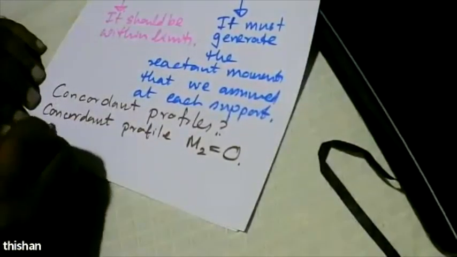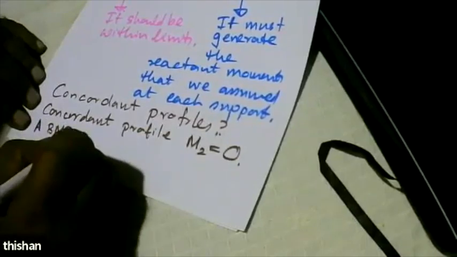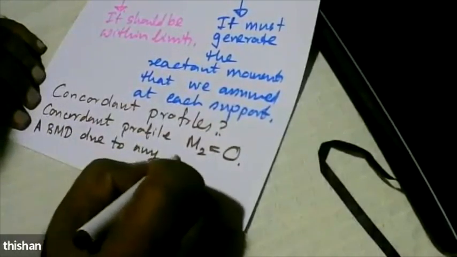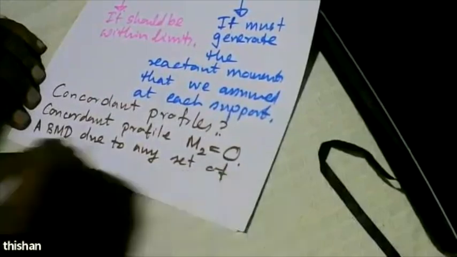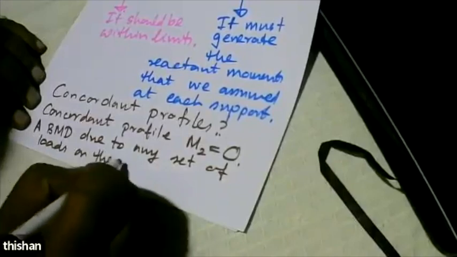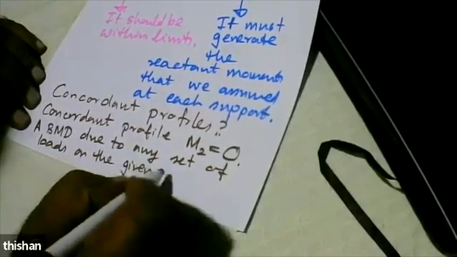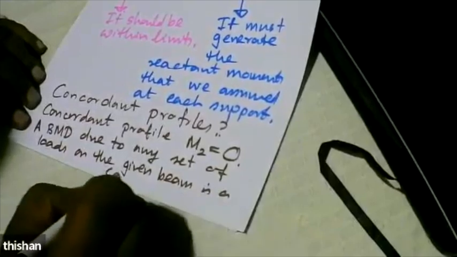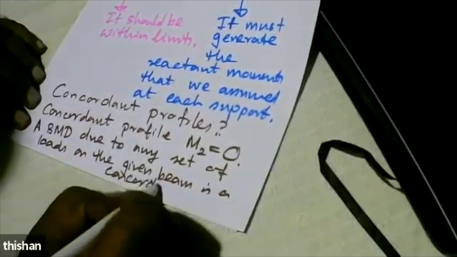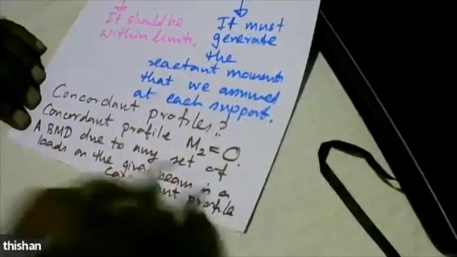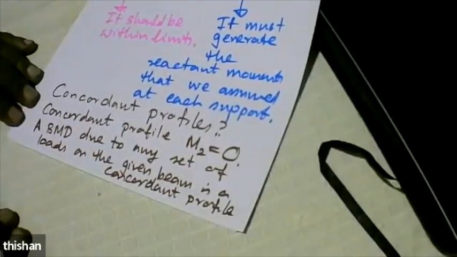A bending moment diagram due to any set of moments on the given beam is a concordant profile. So something has come to our rescue.